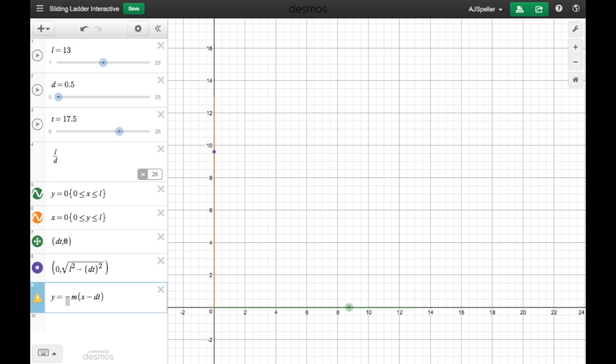So here I have 0 minus this value, which is just going to be negative square root L squared minus dt squared, and then the difference of the x values, which is just going to be dt minus 0, which is just dt.